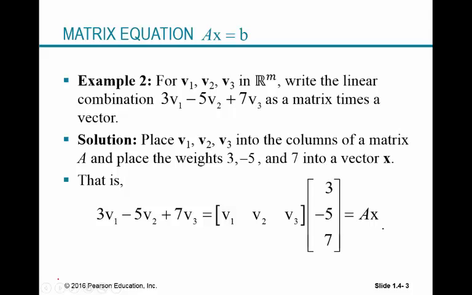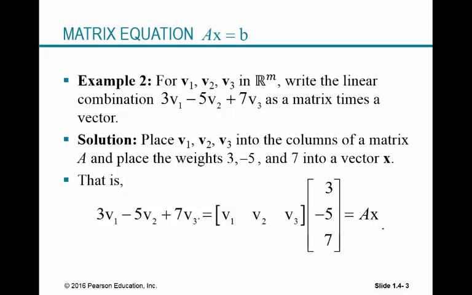So here's an example that they have. They have V1, V2, V3 vectors in Rm. Write a linear combination of this thing as a matrix times a vector. So this is similar to what we did.